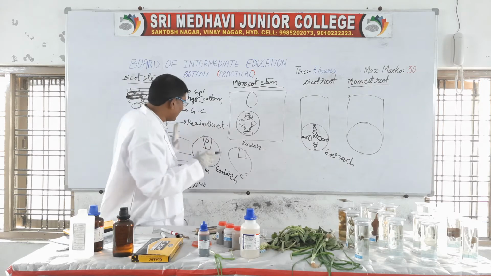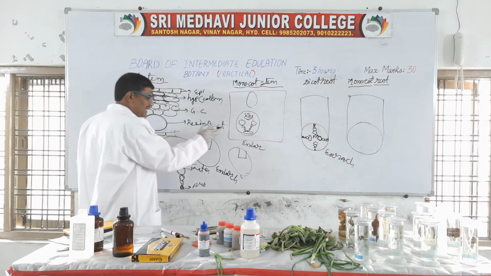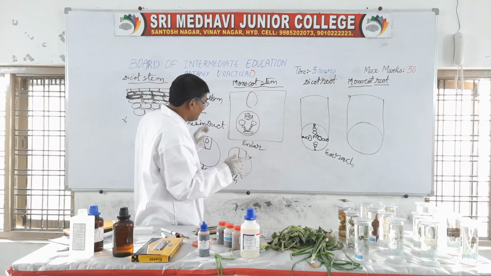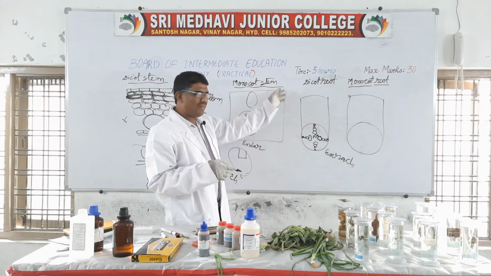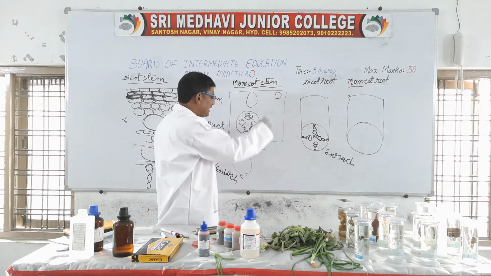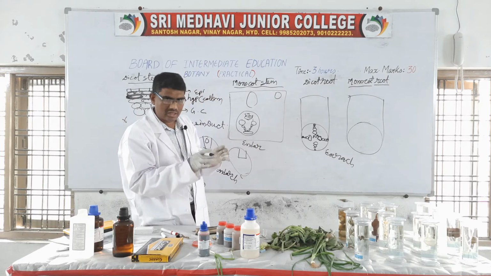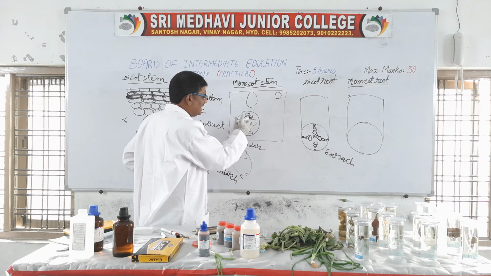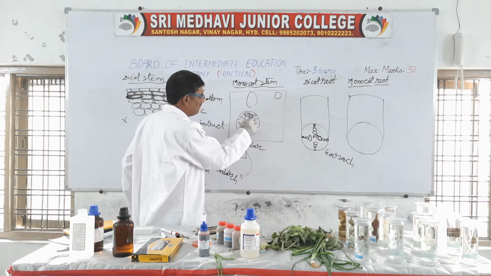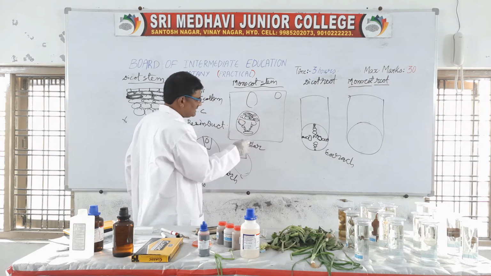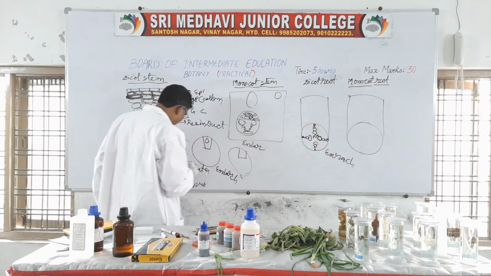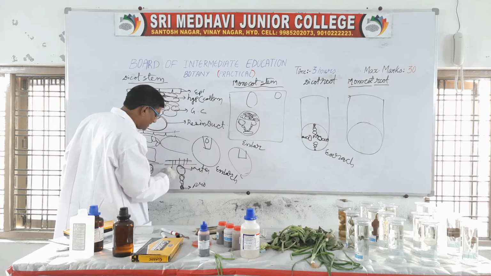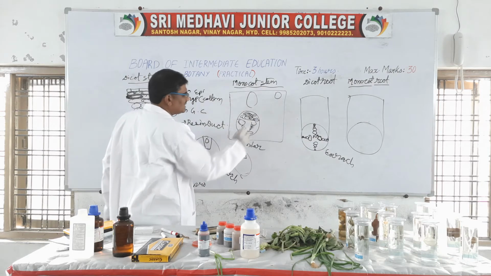When we observe the dicot stem and the monocot stem, the monocot stem contains many vascular bundles. At the periphery the vascular bundles are small, at the center they are large. At the upper side there is always phloem, and below that is xylem. In the dicot stem, cambium is present between xylem and phloem, but in the monocot it is absent.